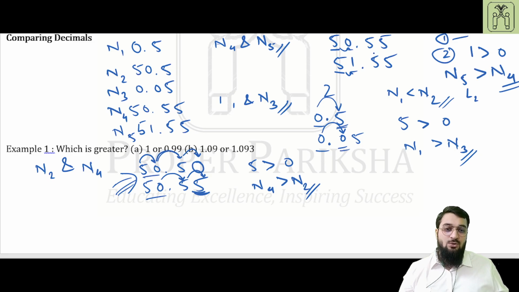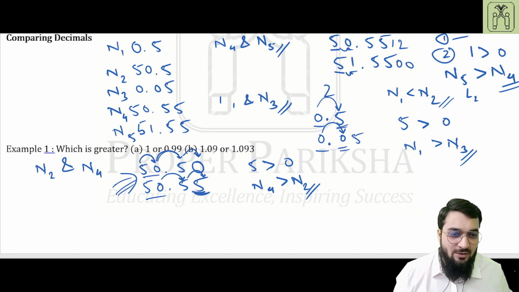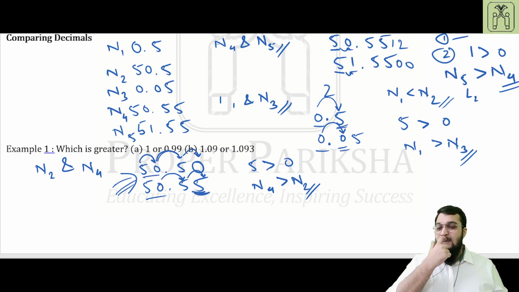So here also the decimal part did not make any difference because the difference was among the whole segment or the totality segment of the decimal. Even if we had written 5512 or 5500 over here, the answer would have been the same. Okay, so comparing decimals, I hope you have understood it.